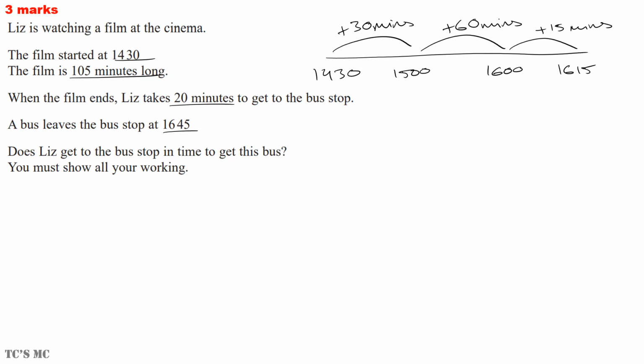Now we have 1 mark. It says that Liz takes 20 minutes to get to the bus stop, so I have 16:15. I'm going to add on 20 minutes, and that takes us to 16:35. Now we have our second mark. To finish, we must give a statement and back it up with our figures.